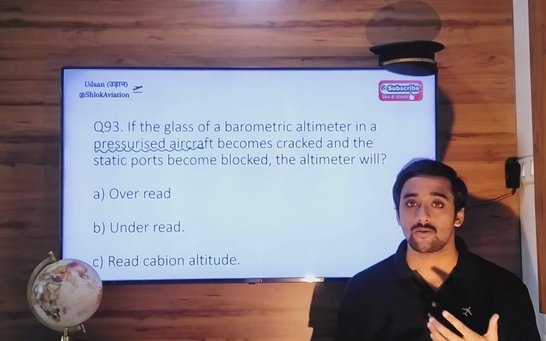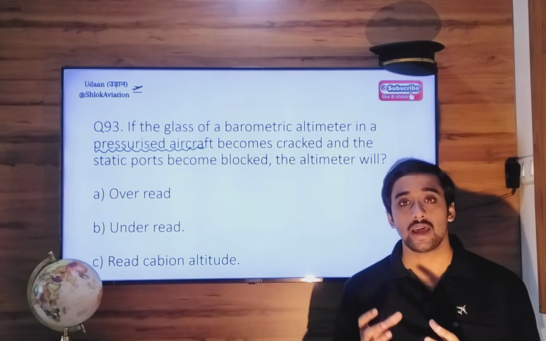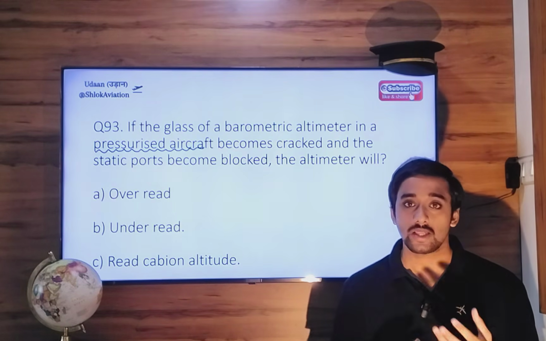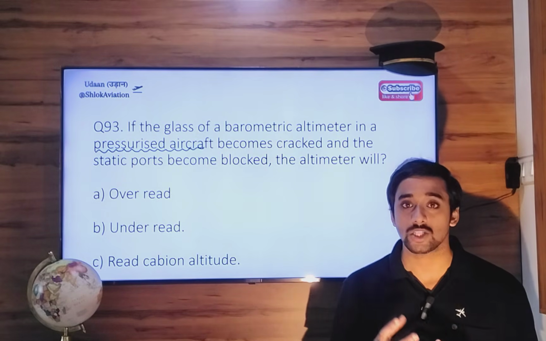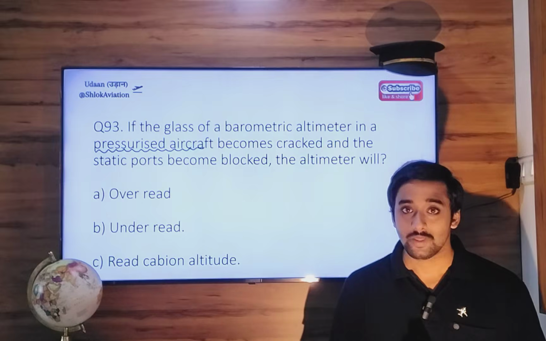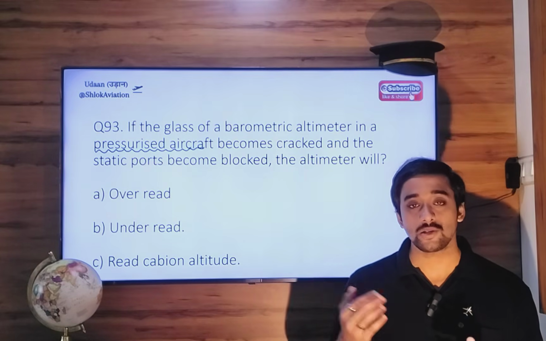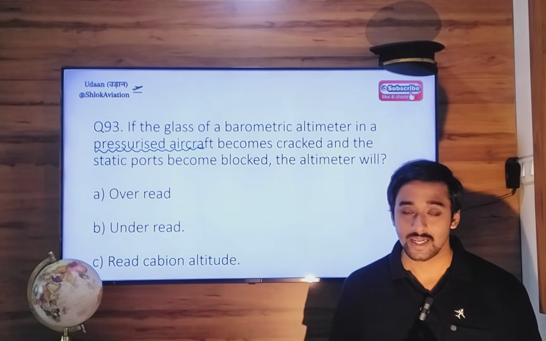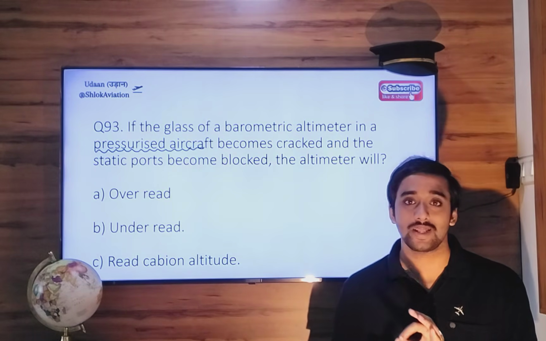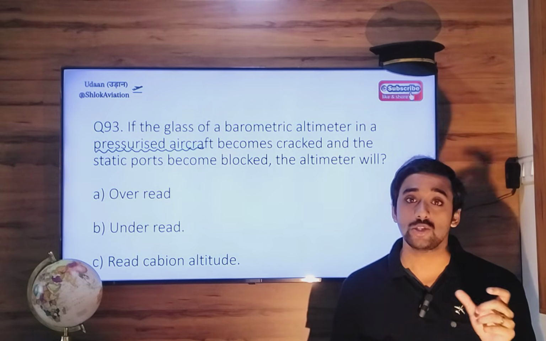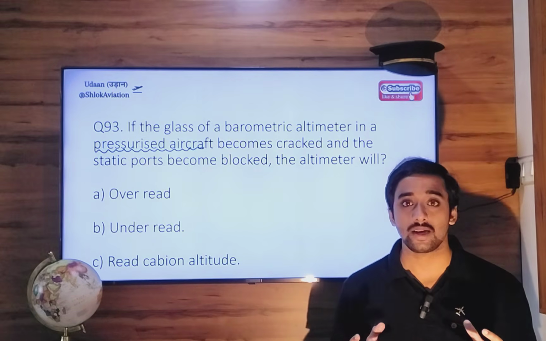Now, this is the need. Why? Human beings require adequate pressure for all organs in the human body to function safely and properly. When you go to higher and higher altitudes, the atmospheric pressure decreases. This decrease in atmospheric pressure is a danger to human health. So as a solution to that, all our aeroplanes are cabin pressurized.